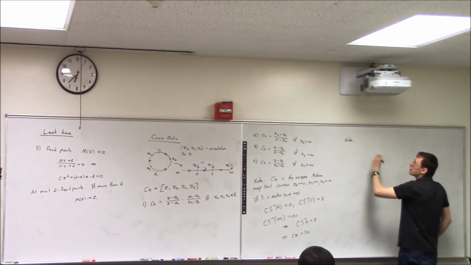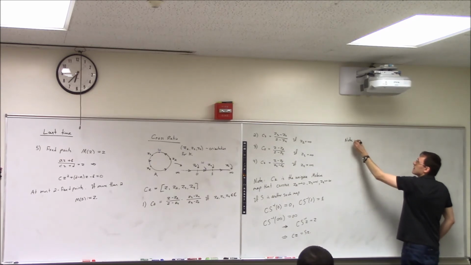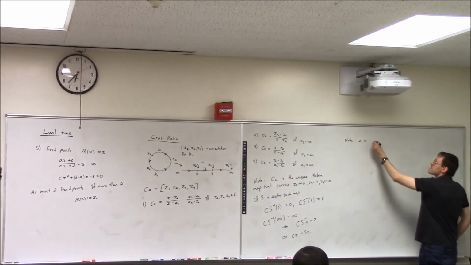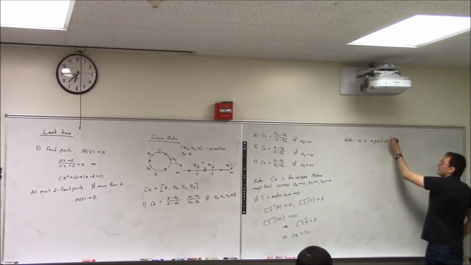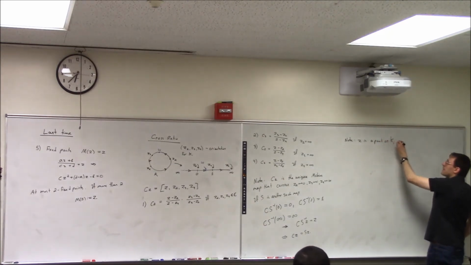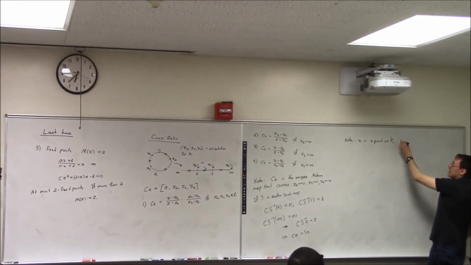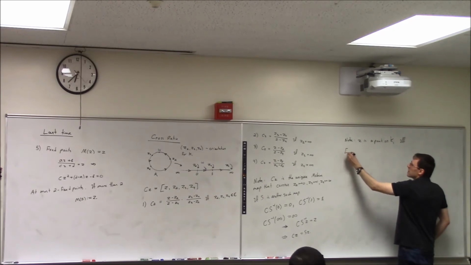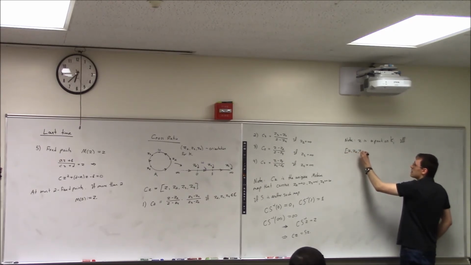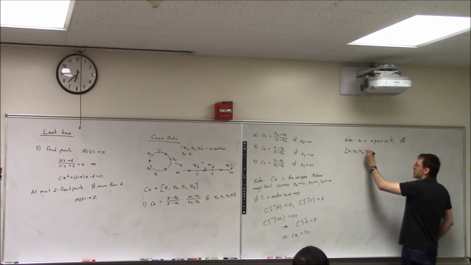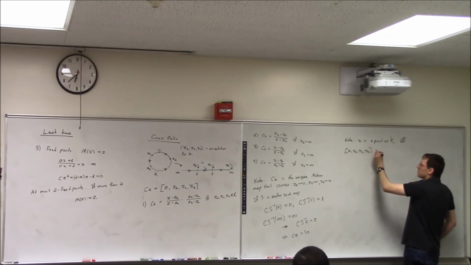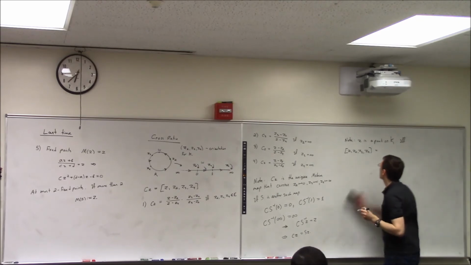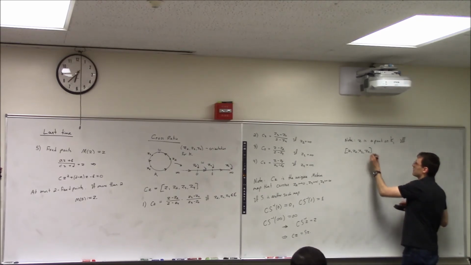Note: Z is a point on K1, on the circle K1, if and only if the cross ratio Z, Z2, Z3, Z4 — complete my sentence. See if you can figure it out.